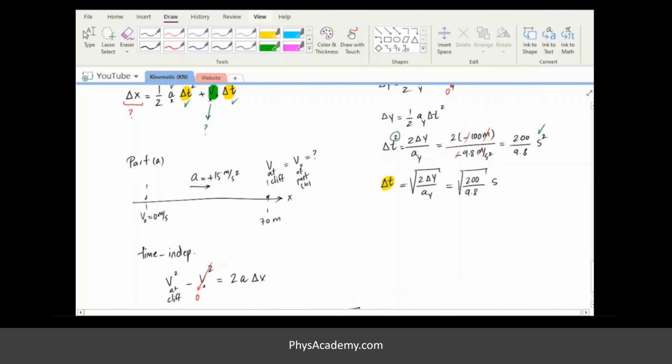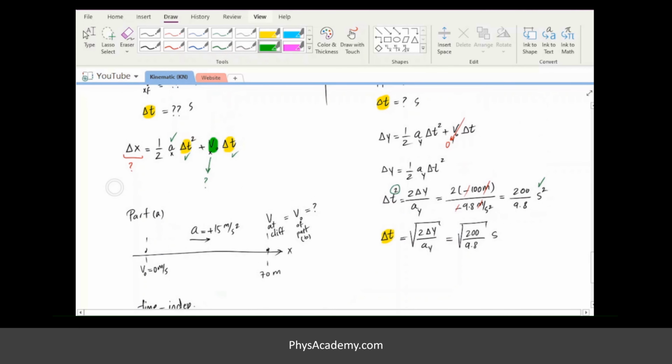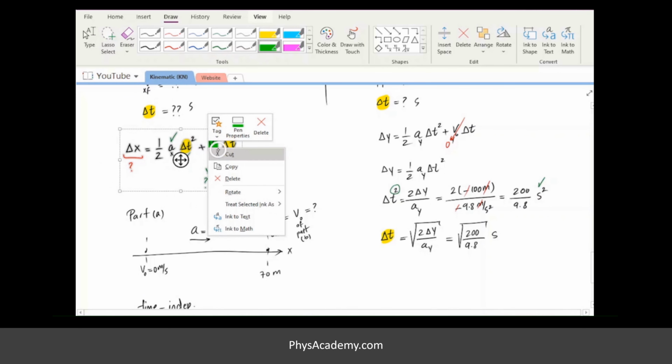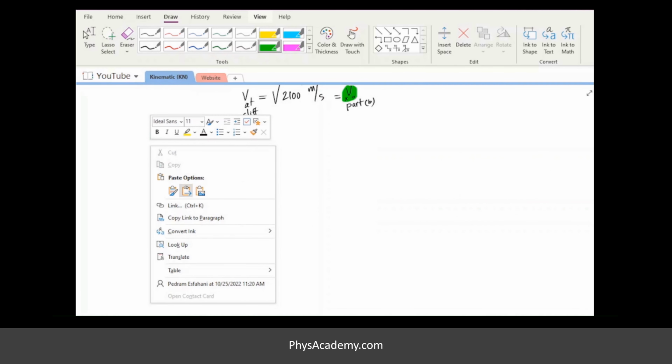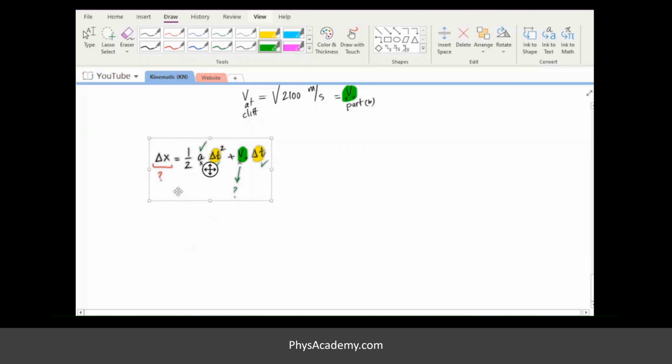Now, we have all of the variables we need to calculate delta x. Let's plug them in the equation of motion along the x-axis while keeping an eye on the units.